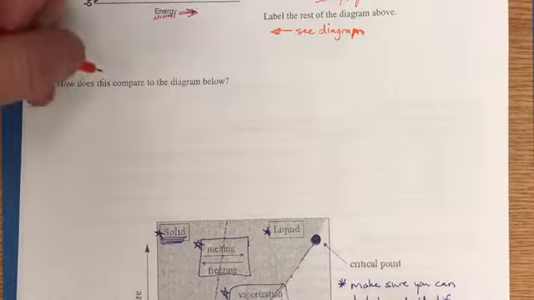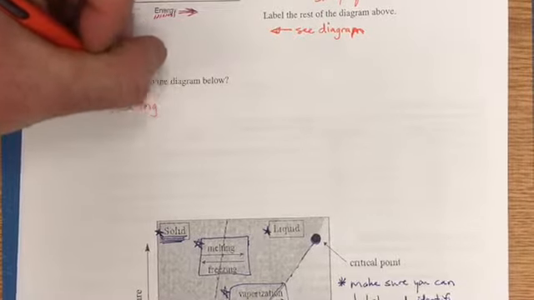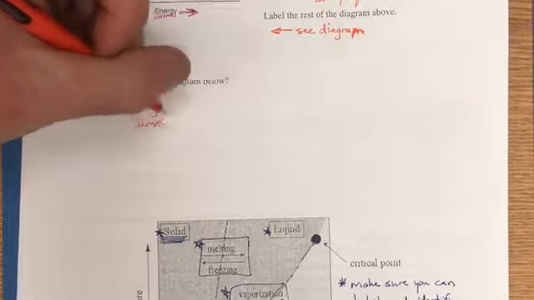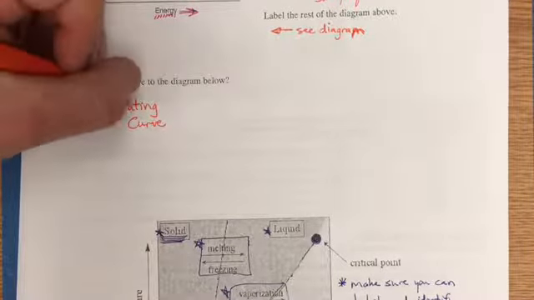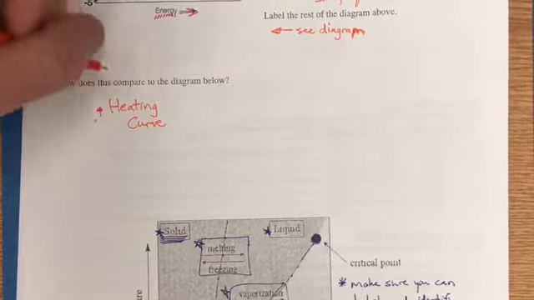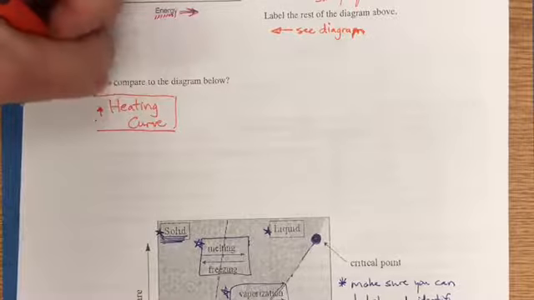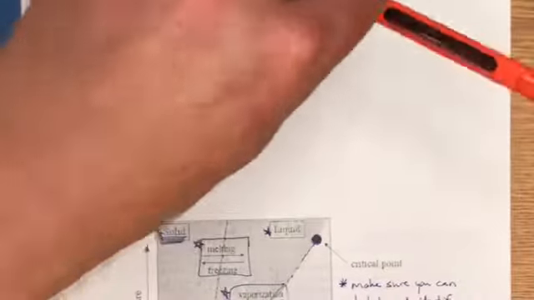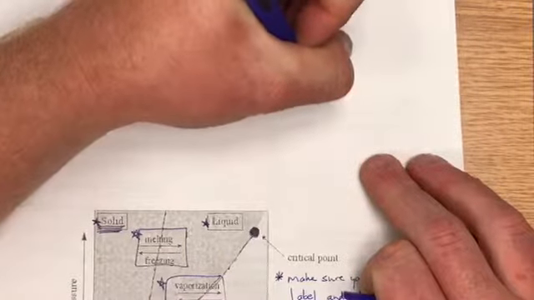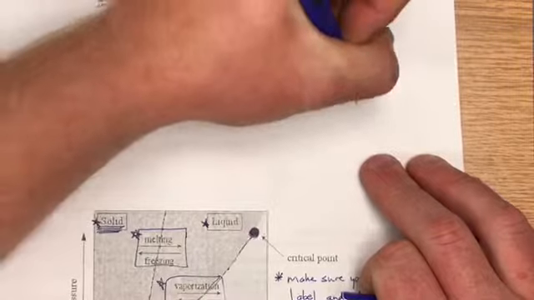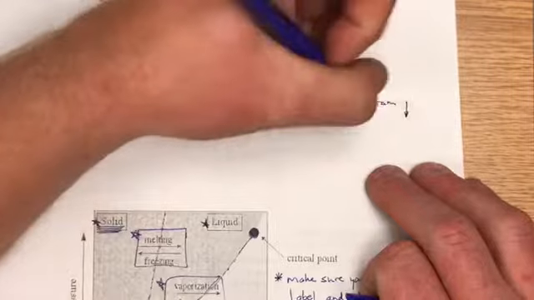We're going to start by comparing the heating curve, which would be the one above here, to our phase diagram, which would be down below.